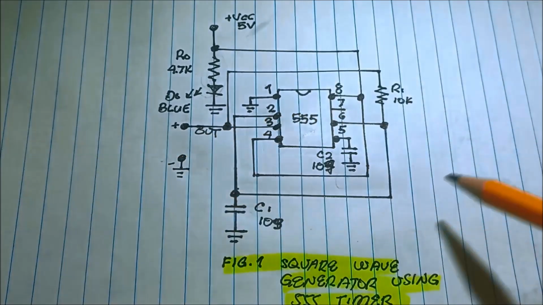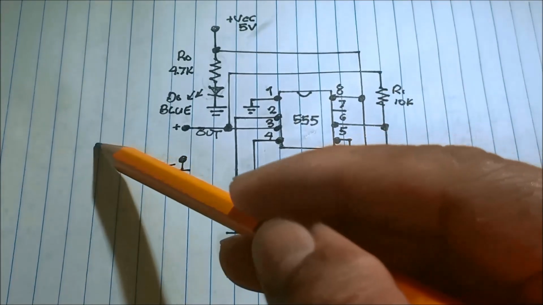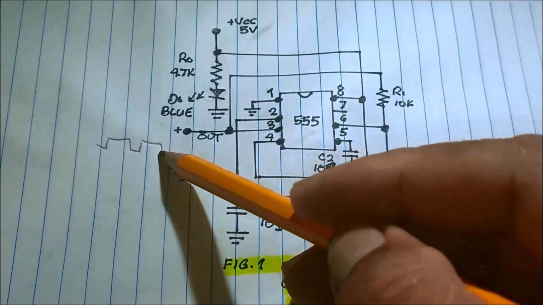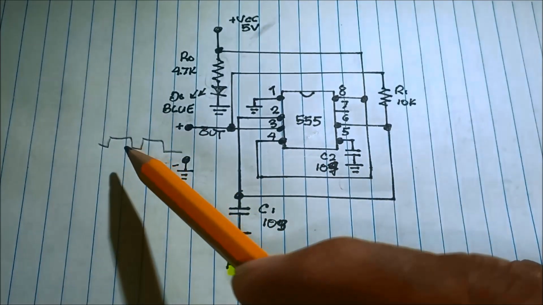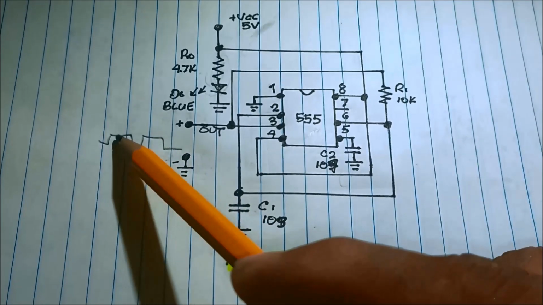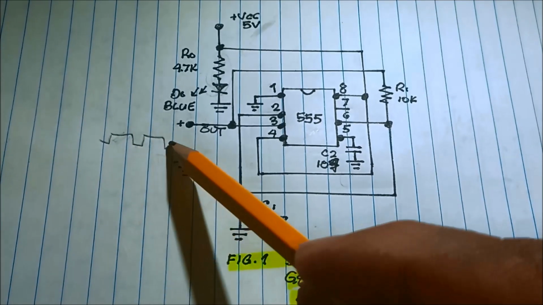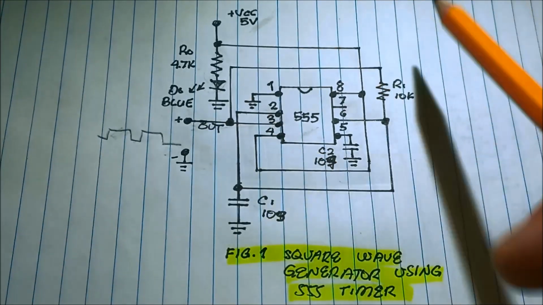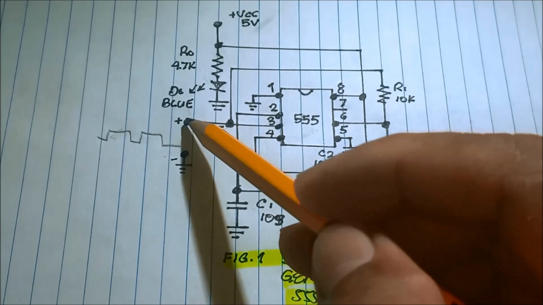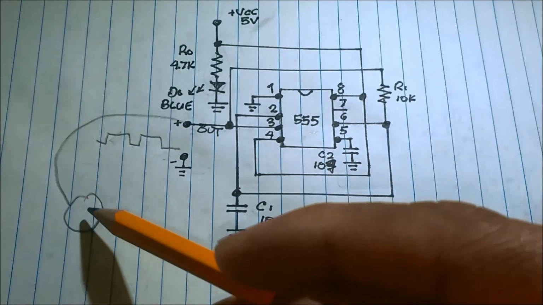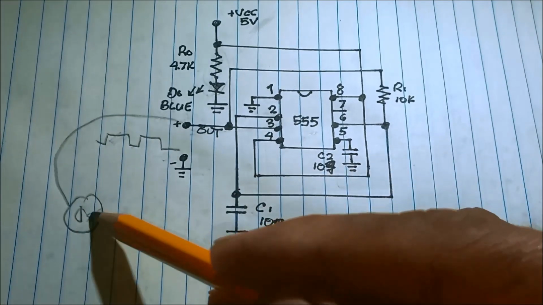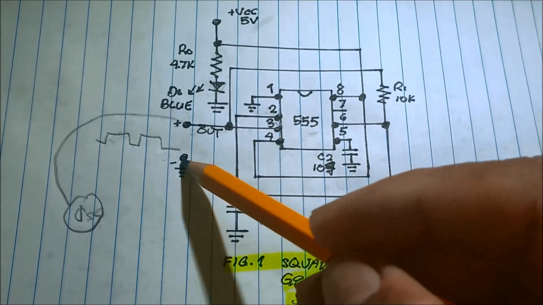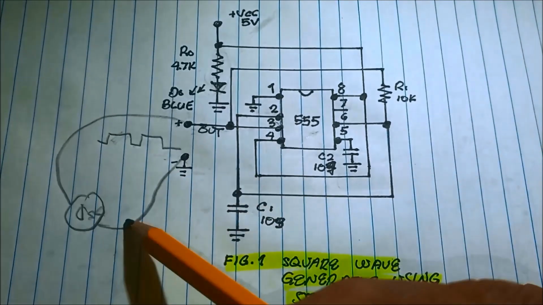So it is producing a square wave or some sort of rectangular wave, continuous on-off waveform, on-off to the output number 3 because we connected the oscilloscope, the positive to pin number 3, then the negative to the ground.